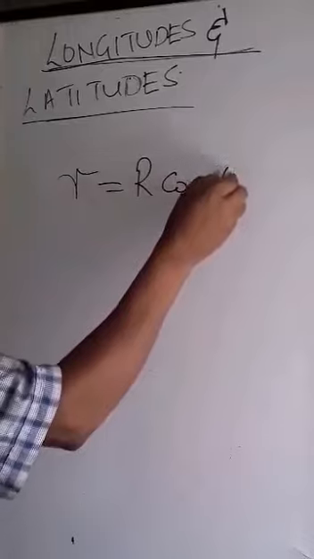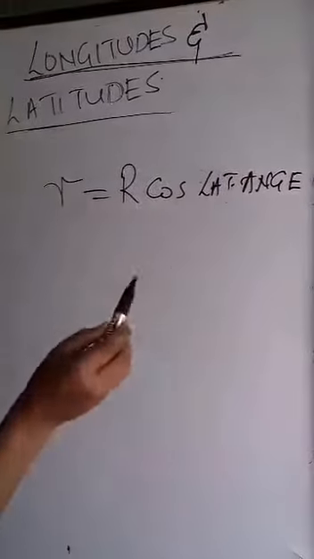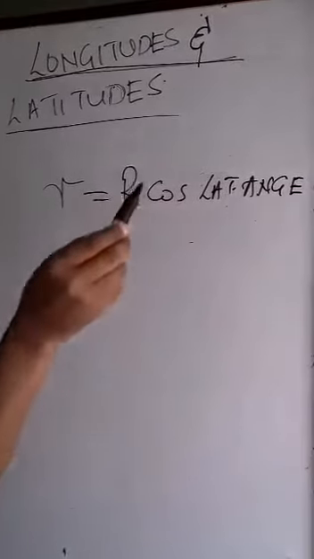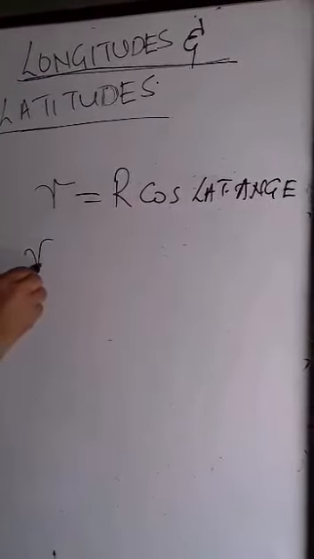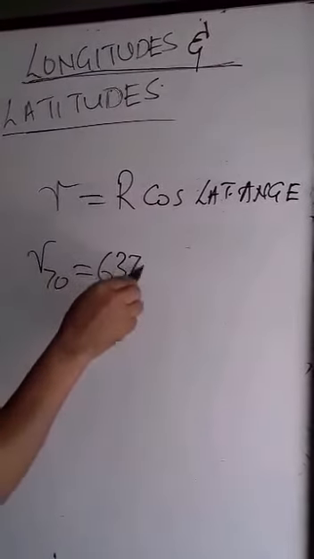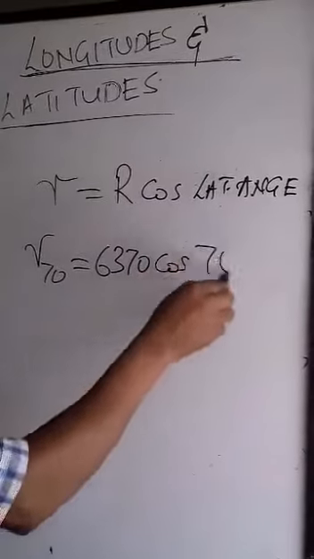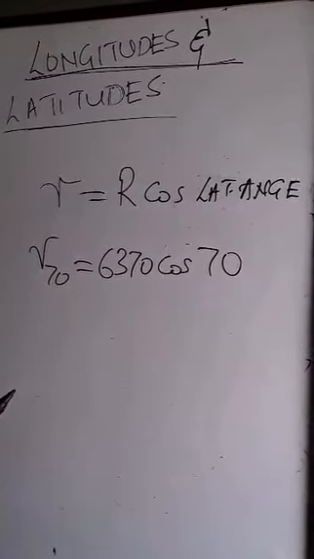Remember, the radius of any given small circle is R cos the latitude angle. So the radius of the small circle at 70 degrees latitude, let me write it as R70, will be 6370 cos the latitude angle. That becomes the radius of the small circle.